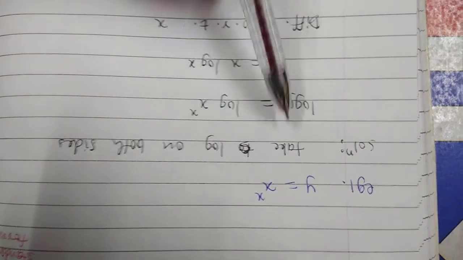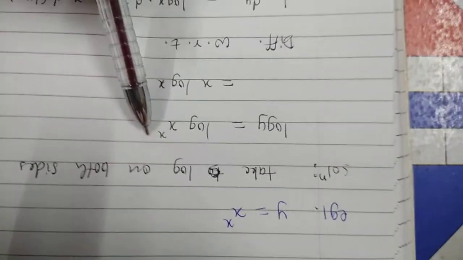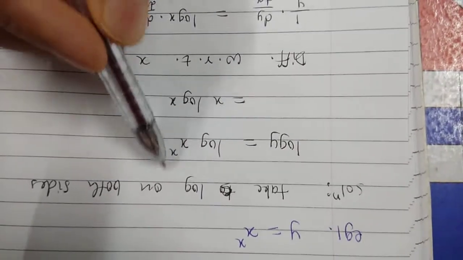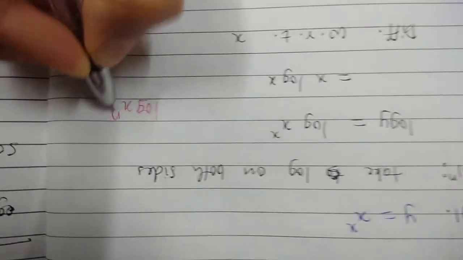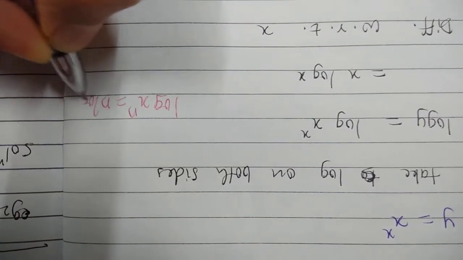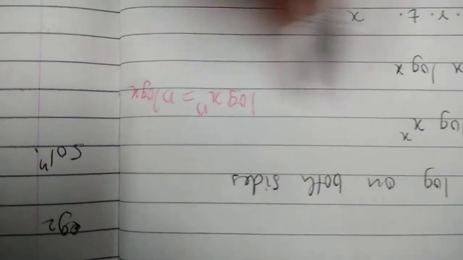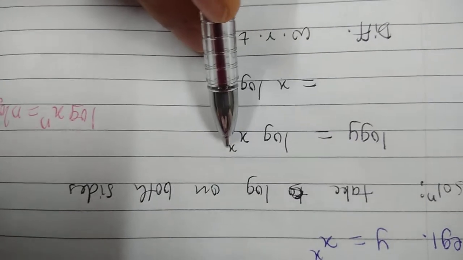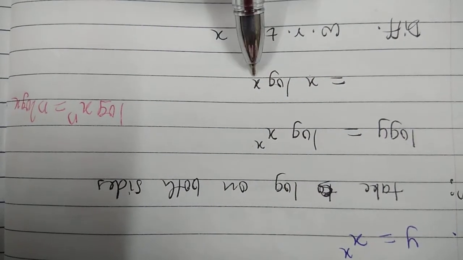So taking log on both sides, log y equal to log of x raised to x. This x we can write here in front, using the log x raised to n is equal to n into log x formula, the third formula of logarithm. So we will write log y equals x into log x.